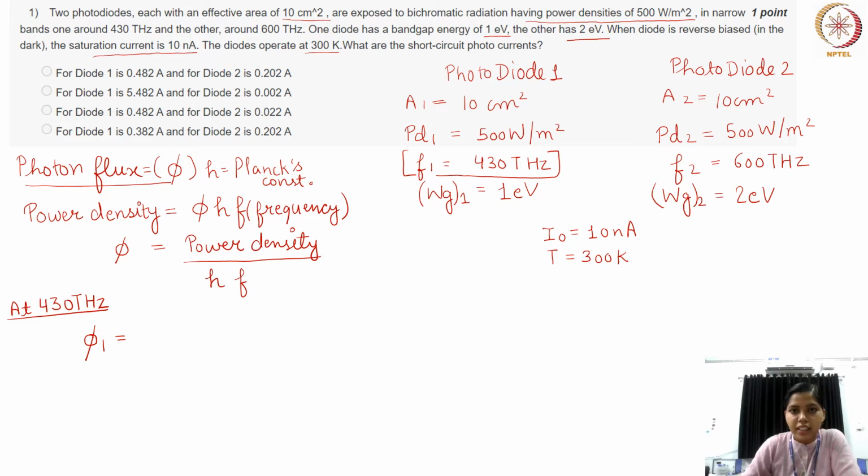The power density they have given is 500 watt per meter square. The value of Planck's constant is 6.6 times 10 raised to the power minus 34, and the frequency is 430 terahertz, which when converted into hertz is 430 multiplied by 10 raised to the power 12.